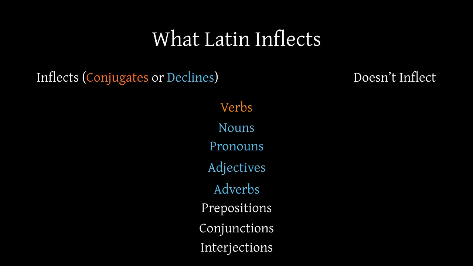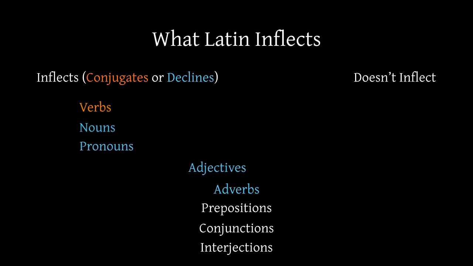So just to be clear, inflection is only a part of certain aspects of the Latin language. Latin conjugates verbs, but it declines nouns, pronouns, adjectives, and sometimes it declines adverbs, but there are lots of adverbs that are indeclinable.